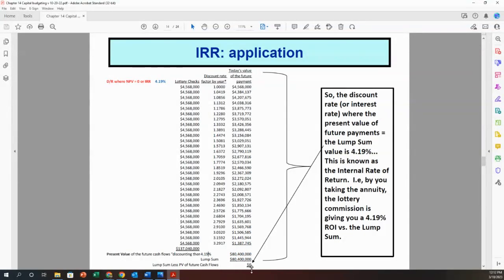The net present value is the present value of the future cash flows discounted, minus the lump sum. And in this case, it equals 0. And when it equals 0, that interest rate or discount rate is, by definition, the internal rate of return.